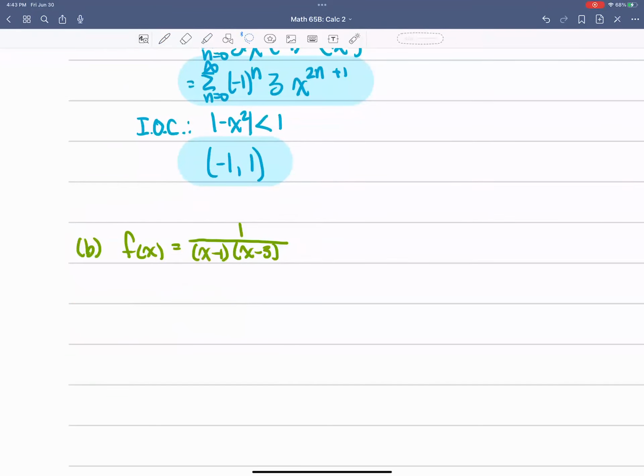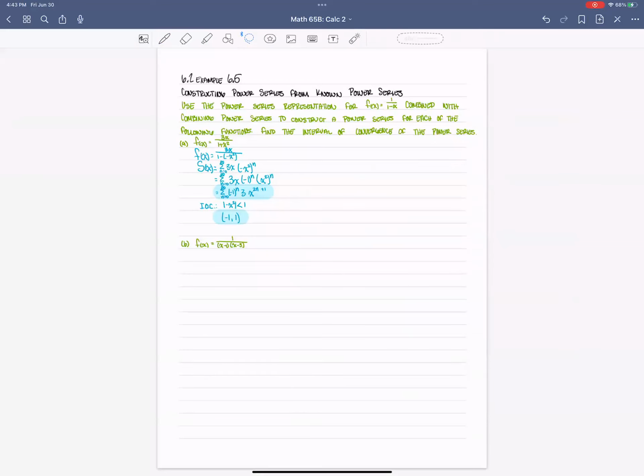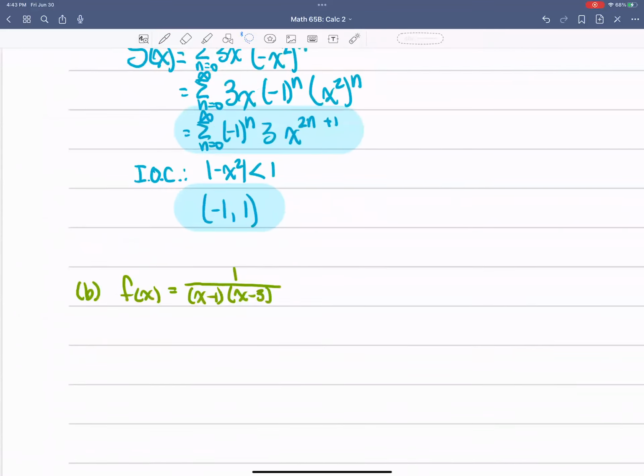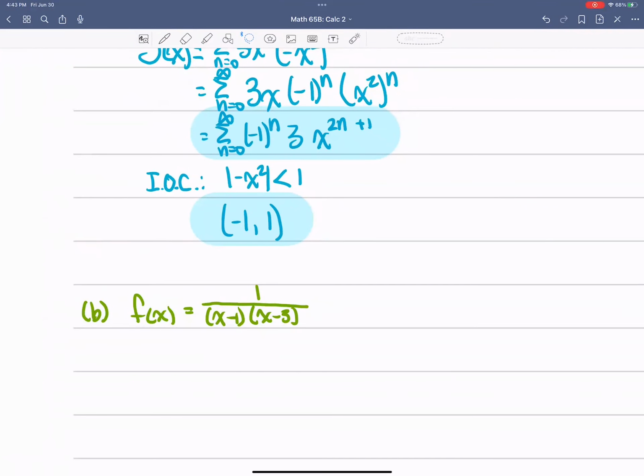Ooh, here we have to do a little bit more work. We have 2 values in the denominator. What I really want to do is separate those, so having it look like a over x minus 1 plus b over x minus 3.